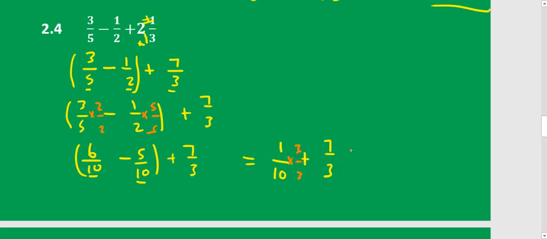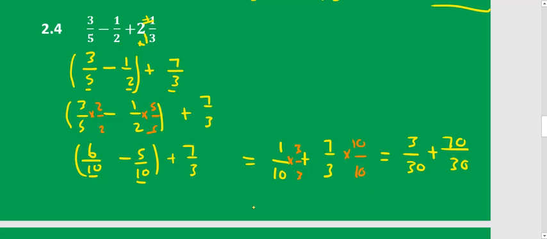We multiply this fraction by the other fraction's denominator, which is 10. So if we multiply that out, 1 times 3 is 3, 10 times 3 is 30, 7 times 10 is 70, and 3 times 10 is, of course, 30.